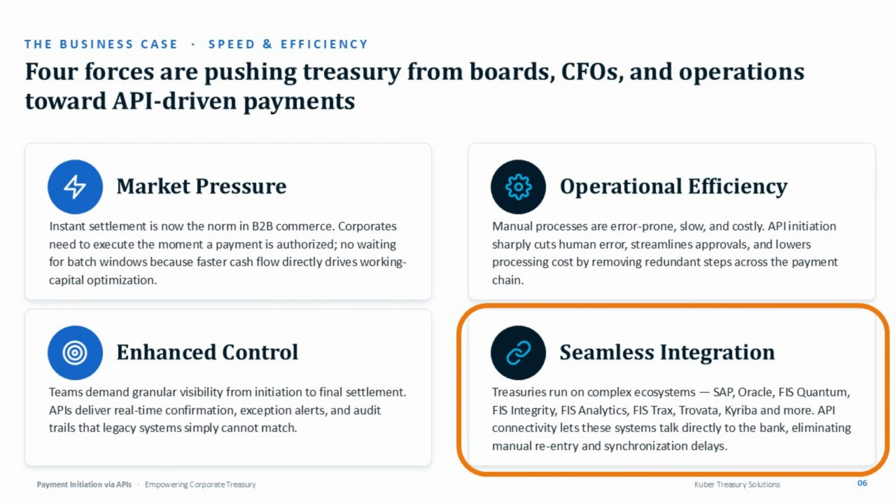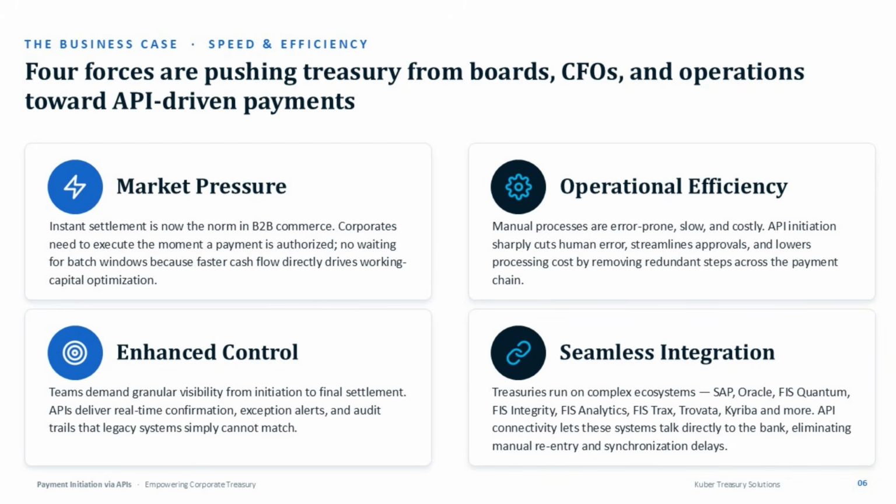So the business case is really about four simple things: faster payments, less manual work, better visibility, and better system connections. But for this to work well, the company and the bank need to understand who is responsible for what.